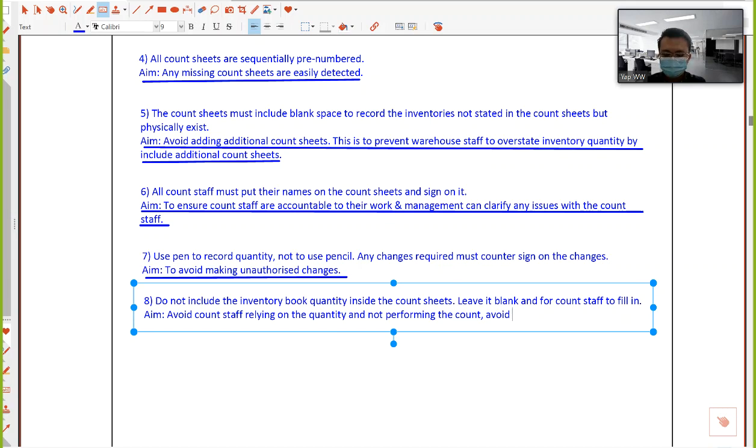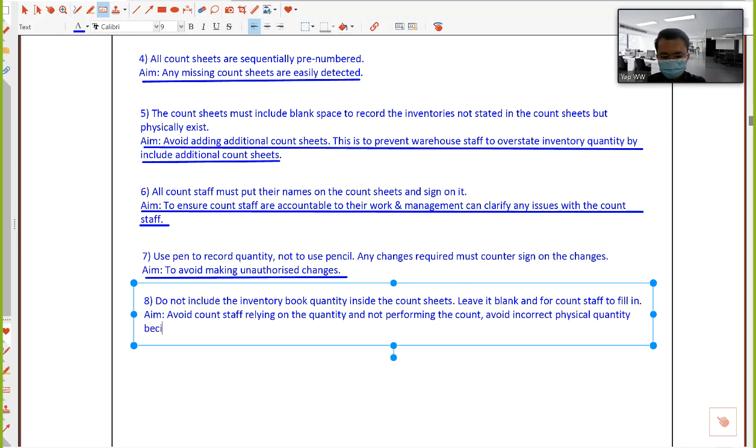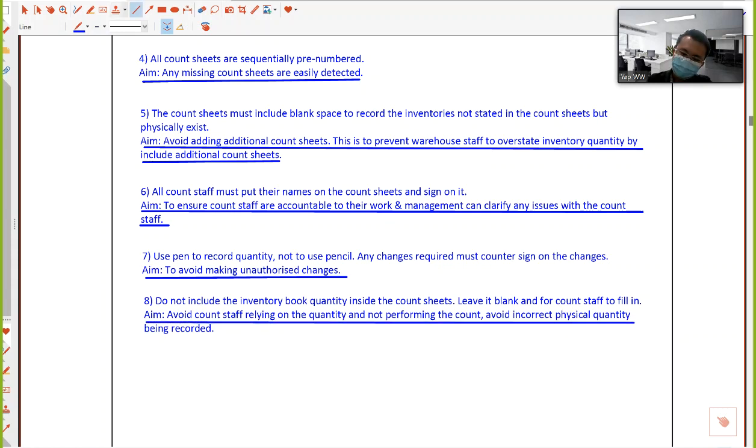This will avoid incorrect physical quantity being recorded. Okay. Yeah. So leave it blank.